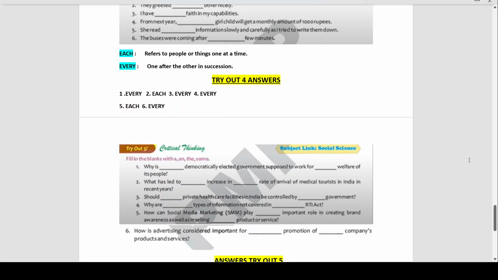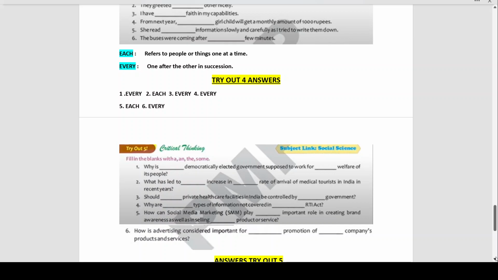Next, what has led to an increase in the rate of arrival of medical tourists in India in recent years? Number three, should private healthcare facilities in India, there will be no article before that, be controlled by the government? The government is specific, which is in rule. So he is asking, should private healthcare facilities in India be controlled by the government?